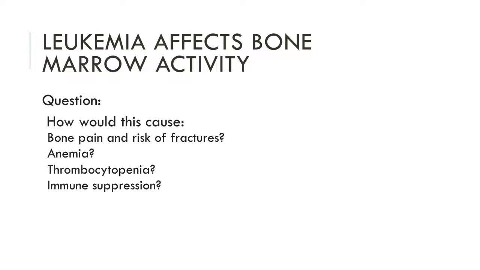So we know that leukemia affects bone marrow activity. So then the question becomes, how would this cause bone pain and risks of fractures? Well, we know that there is an overproduction of these blood cells in the bone marrow. This causes the matrix of the bone to not be as strong because it's doing things that it normally wouldn't be doing. There's more pressure inside of the bone. And so this increases the risk of fracture, and it also causes the bone pain.